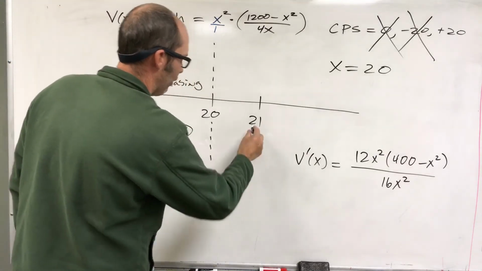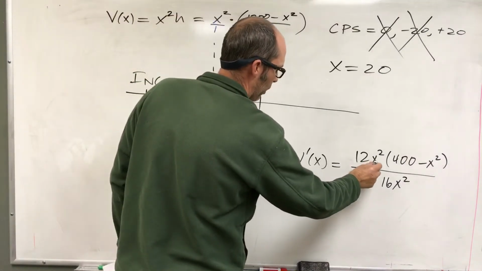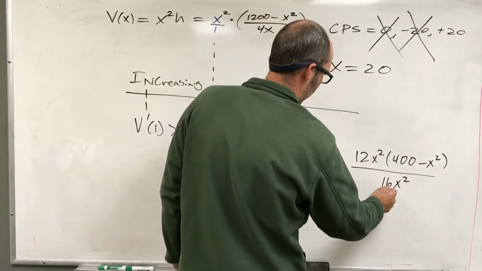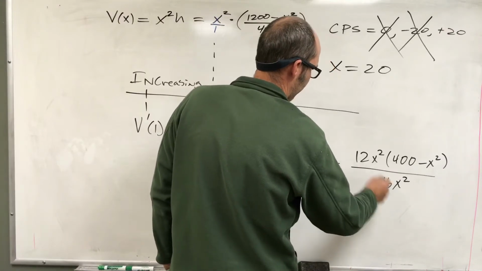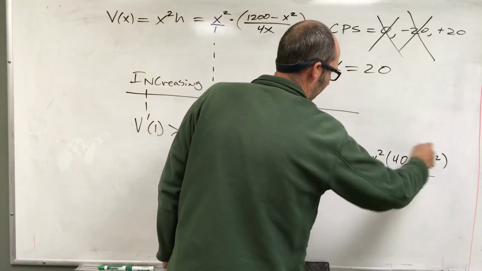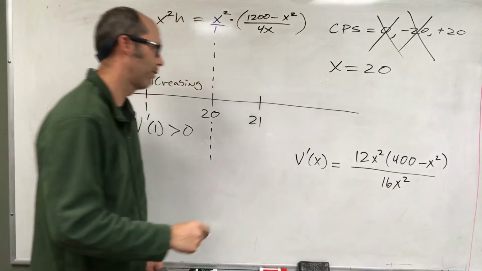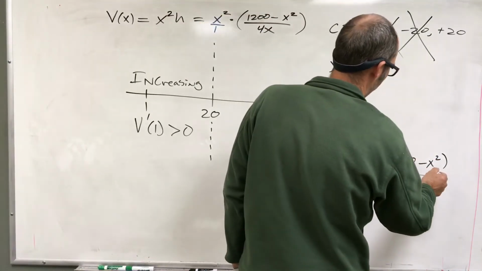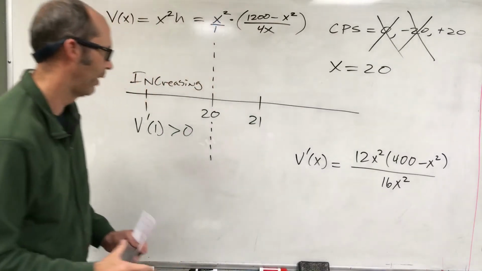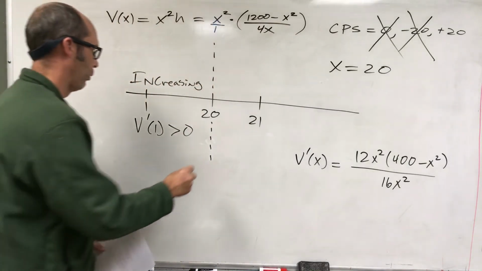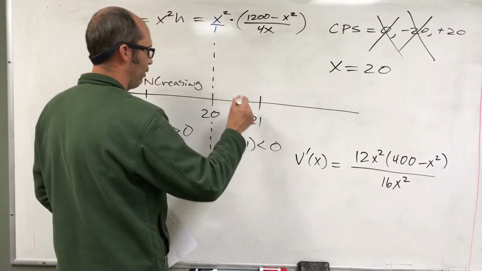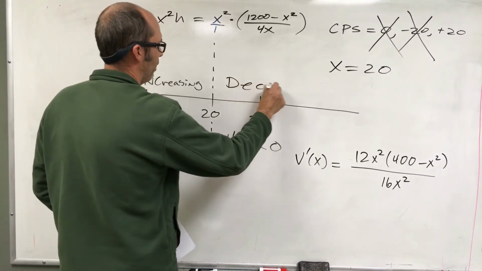V prime of 21: 21 squared is positive, so it really matters what happens here. If this is negative, then it's negative. If that's positive, then it's positive. Let's see, 400 minus 21 squared is going to be a negative number. So we know that v prime of 21 is negative, we have decreasing.